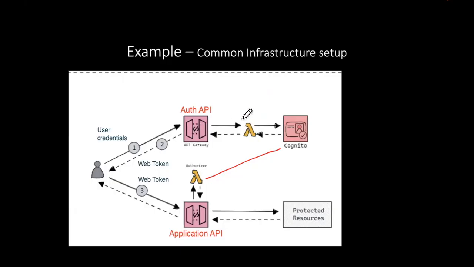The API routed that request to a different Lambda, and that Lambda again talked to Cognito, asking it to change the user status from unconfirmed to confirmed, provided, of course, that they provided the correct verification code, which Cognito would take care of because Cognito generated the verification code. So there's two Lambdas there.